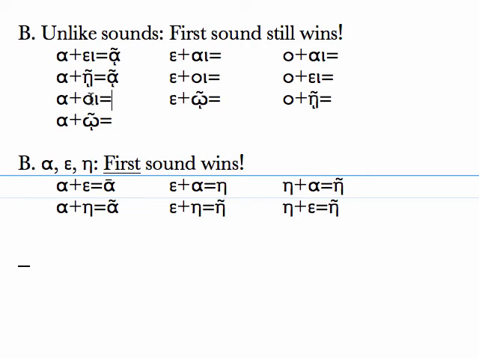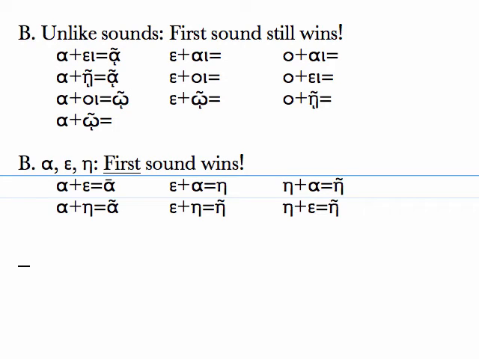Alpha plus an omicron. Now remember the principle from above, O sounds always win. So this alpha combines with this omicron into an omega, but it's going to have an iota subscript, and it's going to have a circumflex.